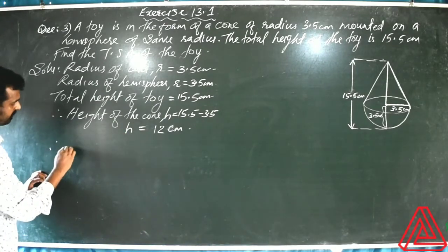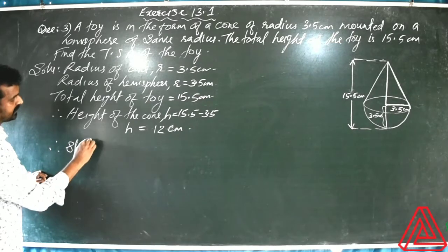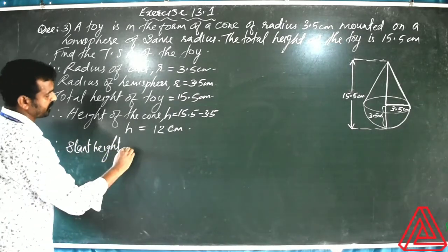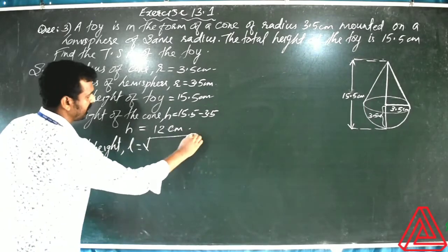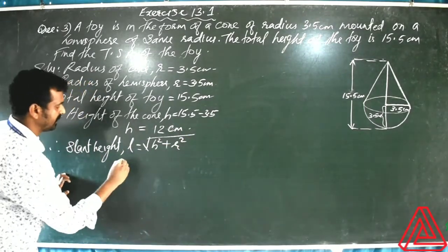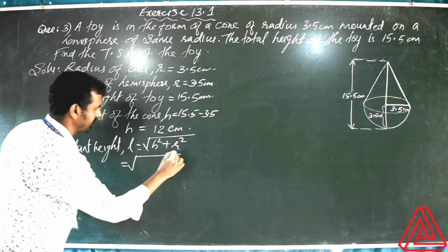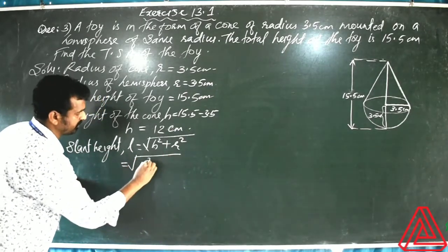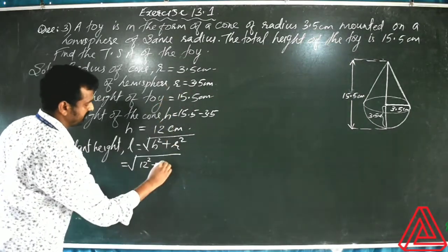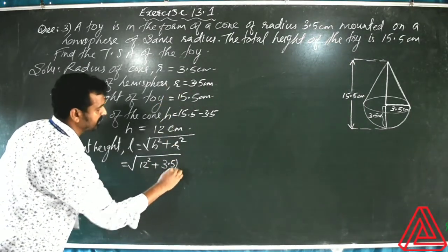Therefore, what do we have to find out? Slant height L. Slant height of the cone L is equal to, what is the formula? Square root of h square plus r square. The height is 12, so 12 square plus r square. Radius is 3.5 centimeter, so 3.5 square.